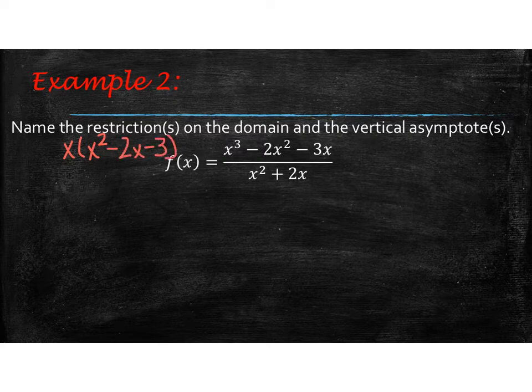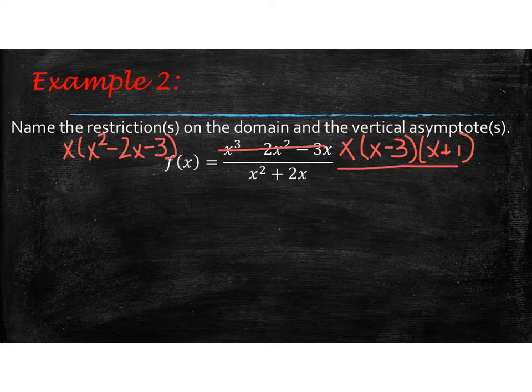Okay, now that quadratic, x squared minus 2x minus 3, also factors. So the final factors of the numerator will be x times x minus 3 times x plus 1. Then in the denominator, you can factor out an x, and you'll be left with x plus 2.